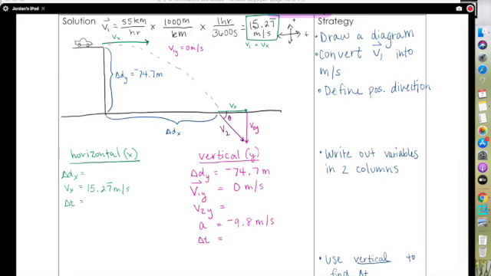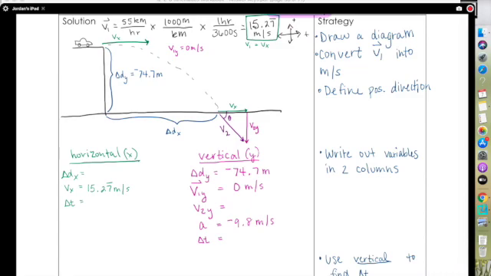And then we have the vertical variables, and so our displacement in the y-axis is negative 74.7 meters. Remember it's negative because it's going to be falling down, so the displacement will be negative. Our initial velocity for y is 0 meters per second.